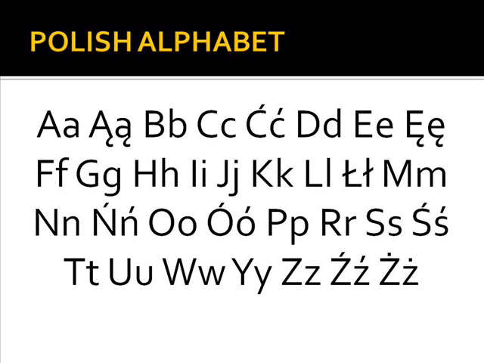And the main thing is that each mark, like with the letter A and the letter that's following it, or the letter C or the letter E and then the other letter E, they all represent different sounds.